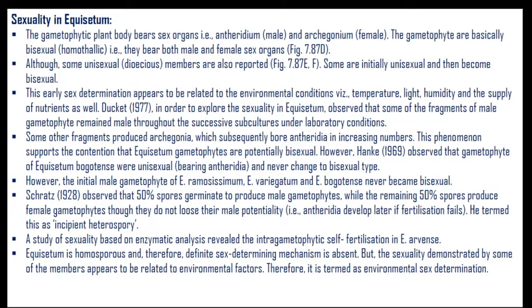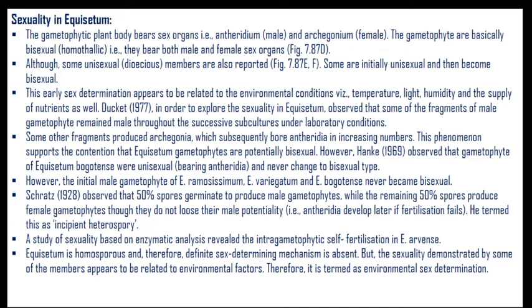Although some unisexual dioecious thalli are also reported, some are initially unisexual and then become bisexual. This early sex determination appears to be related to environmental conditions, that is temperature, light, humidity, and the supply of nutrition as well.